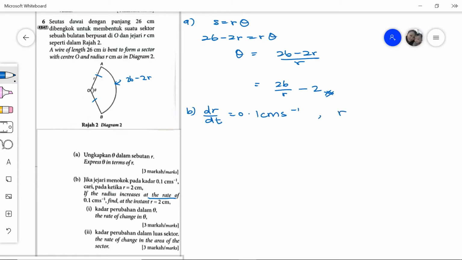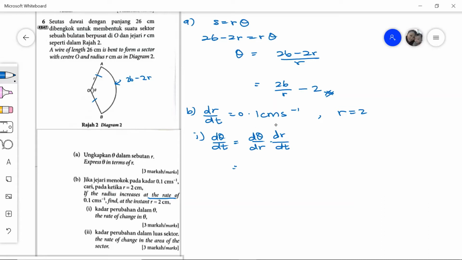And at the instant r equals 2, we have to find the rate of change in theta. So the d theta by dt is the one that we need to find. So first thing, we split it and we chain it using the dr by dt given. So do we have d theta by dr? That means we got to differentiate theta with respect to r.